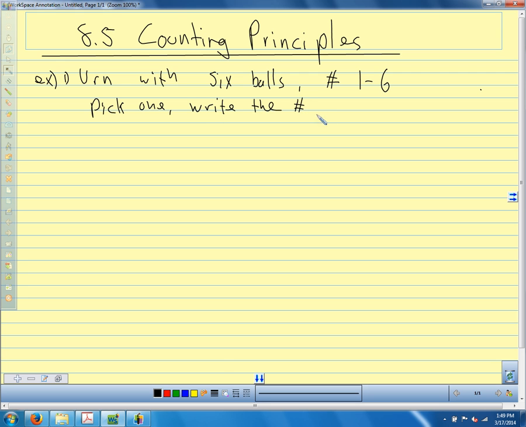We want to know how many ways we could get a total of 8. This is the thing that we're counting in this particular example.